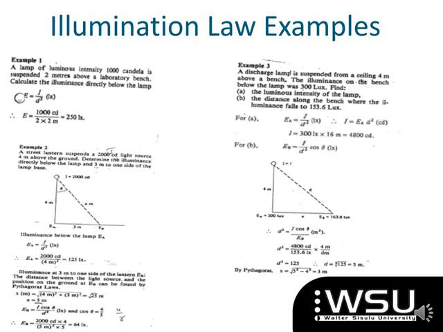Your cos theta is simply your adjacent over your hypotenuse, your hypotenuse being your D that we do not know. So I can rewrite that as E equal to I times my adjacent, which is a 4, divided by my D, so I end up having a D cubed.